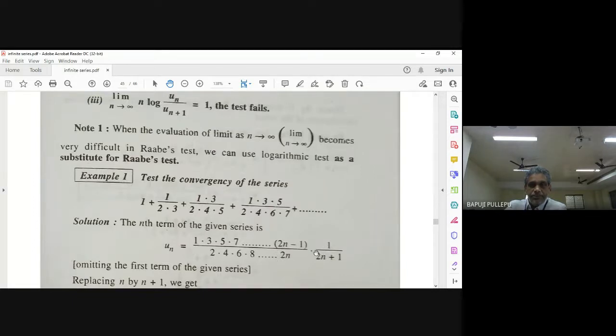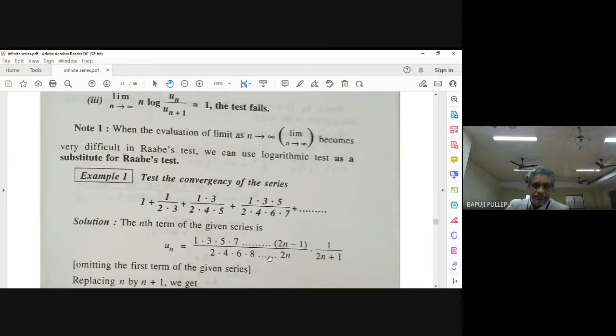This nth term is 2n plus 1. The nth term is an odd number, so the nth term is 2n plus 1. The previous is up to 2n. Getting or not? Yes, sir. N minus 1 terms here, but 2n is not this nth term. This is the nth term.